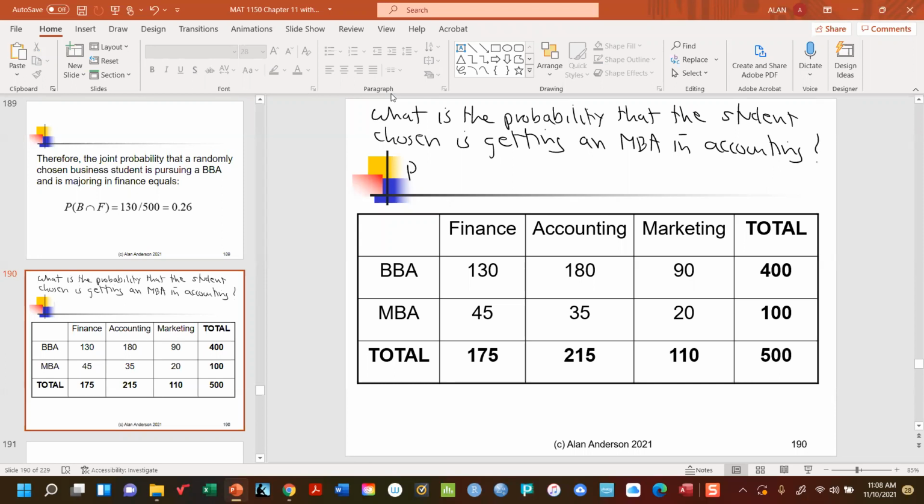In other words, the probability of M and A. So we look for all the students that are getting their MBAs in accounting right here and divide by the grand total. And that's going to be 7%.